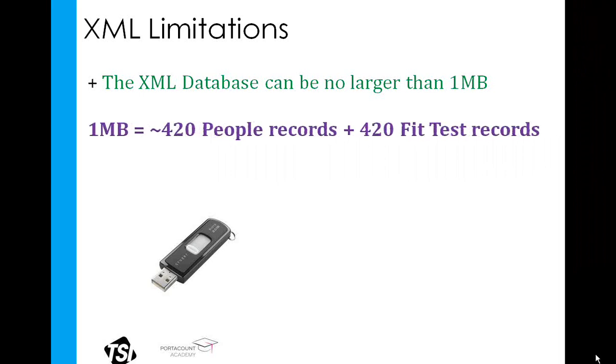The database on the flash drive can be no larger than 1 megabyte. And to give you a real-world idea of what that means, it's right around 420 people records and 420 fit test records together. Those amount of records together in one database would equal right around 1 megabyte.